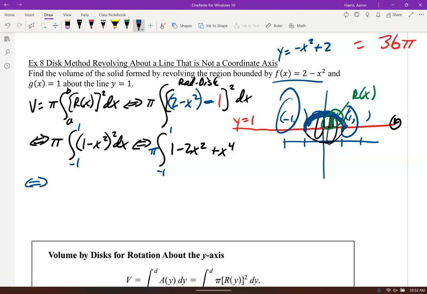Oops, don't forget your pi out front. Almost forgot that. So we got pi, and then the integration of 1 is x, minus 2x to the 3rd over 3, plus x to the 5th over 5, from negative 1 to 1.